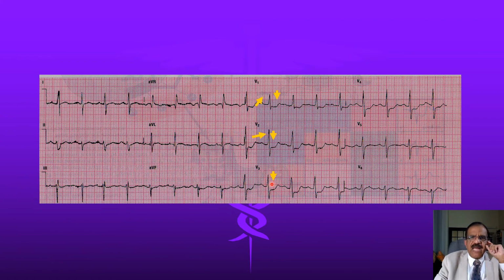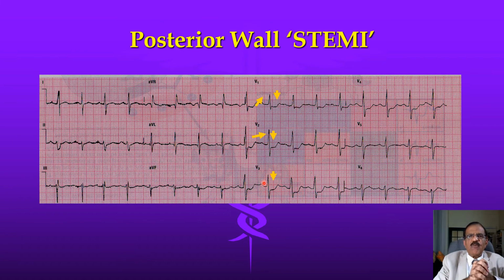ST depression and prominent T waves, they actually represent posterior wall STEMI. It is not ST segment elevation. We don't see ST segment elevation, but since we are looking at reciprocal leads, ST depression actually represents ST elevation in the theoretical posterior leads. So it would be equivalent to ST segment elevation in the posterior lead.